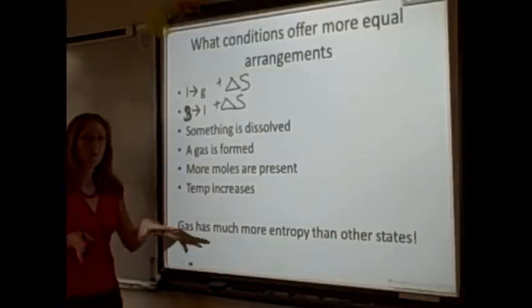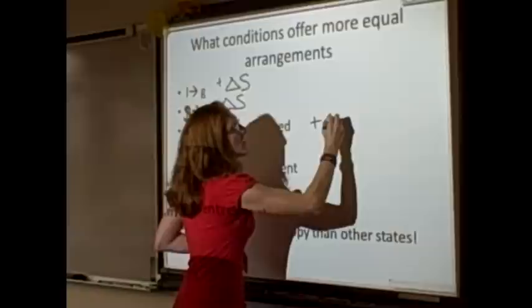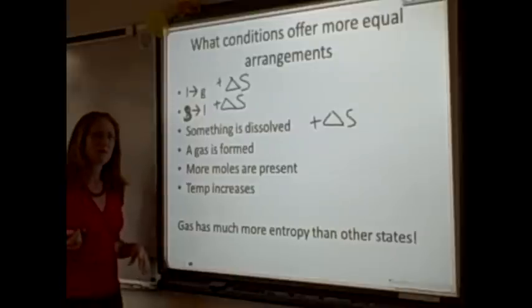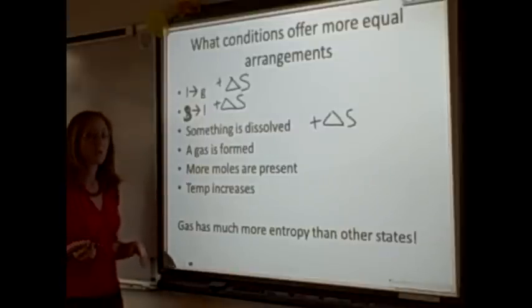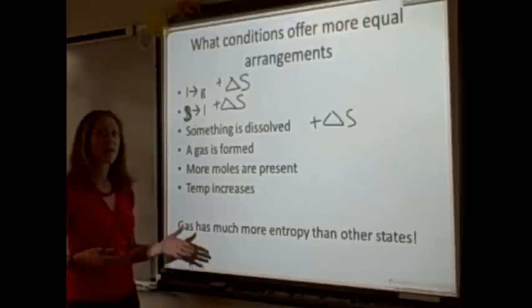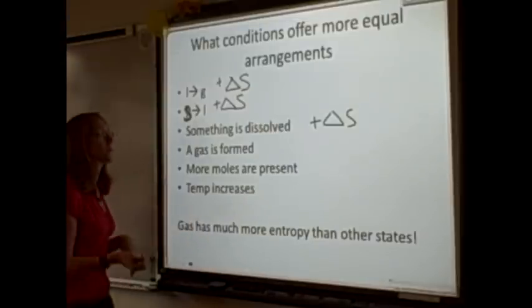The particles disperse, they spread around. It's another positive change of entropy. And at this point, I'd like to remind you that when we looked at exothermic reactions, we talked about exothermic reactions being spontaneous. They tend to happen on their own. Not all of them are, but many exothermic reactions are.